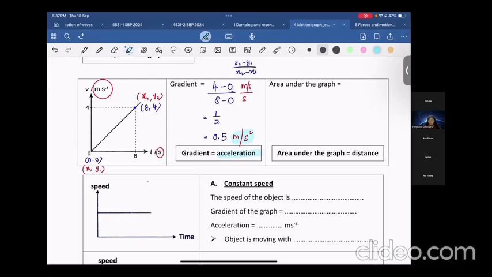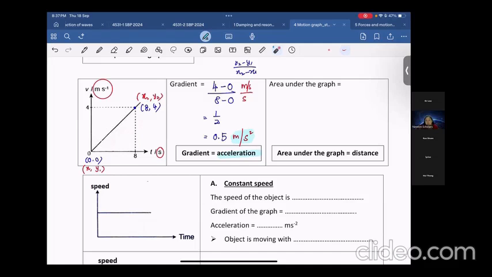Okay? Area under the graph, boys and girls. This is your graph, and the area under the graph is this area. Can you help me count the area of this? It is a triangle. So in your mathematics, what is the area? Hui Tong, the magnitude is correct, but the unit is wrong. Try to derive the unit for the area.